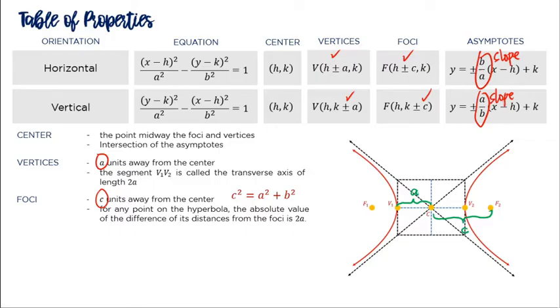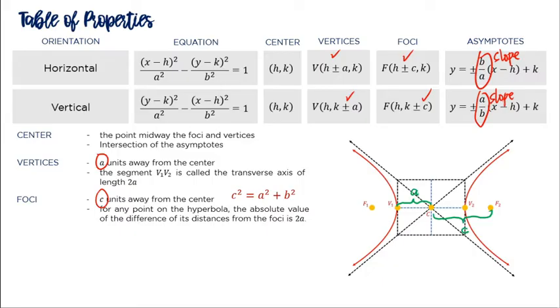Now, for any point on the hyperbola, the absolute value of the difference of its distances from the foci is 2a. So, meaning yung tinutukoy sa definition natin na constant ay 2a lang pala, which is the same with the length of the transverse axis.